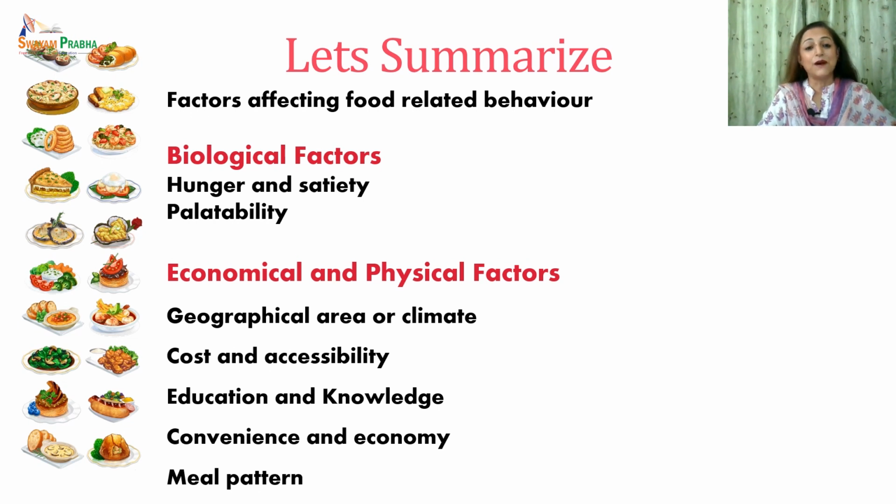Then we studied economic and physical factors, in which we talked about geographical area, climate, cost and accessibility. Along with that, we studied the effect of education and knowledge regarding food, and then convenience and economy as another factor. And we studied that meal pattern also affects our food choice.